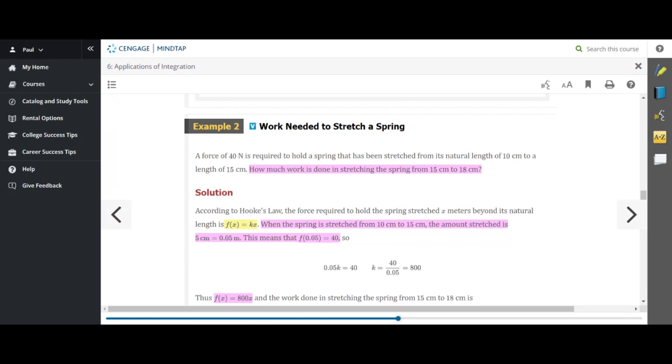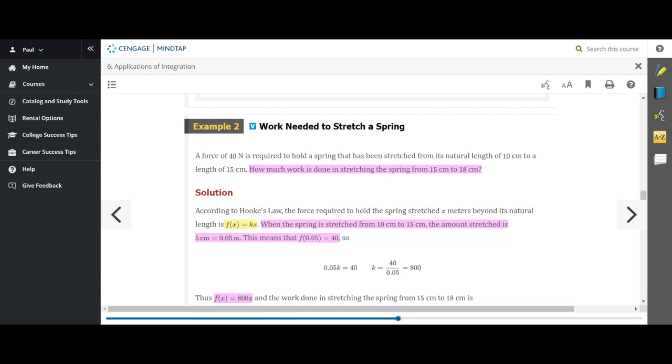Clea asks: why do we change to meters since all of the units in the problem are in centimeters? Well, they're being a little tricky there. Newtons is the metric unit of force, and you have to have your distances in meters. They don't tend to give us meters in the first place.